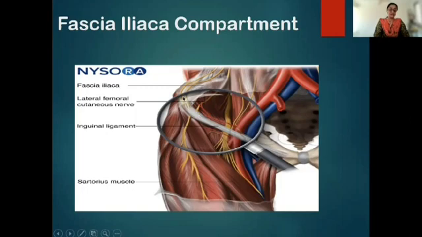The fascia iliaca attaches to the iliac crest laterally and to the fascia overlying the psoas muscle medially. It lies posterior to the external iliac vessels and anterior to the lumbar plexus. Distally, it invests the femoral nerve and passes posteriorly to the femoral artery and vein, the vessels which lie in the lacuna vasorum.